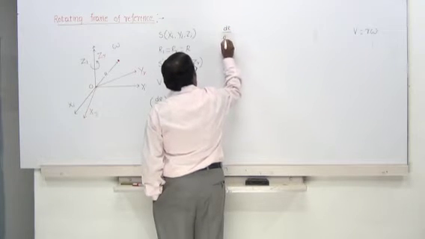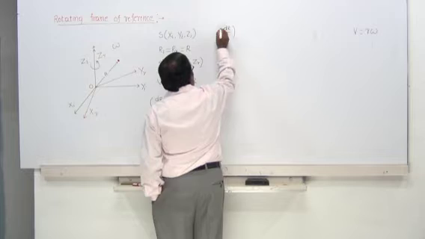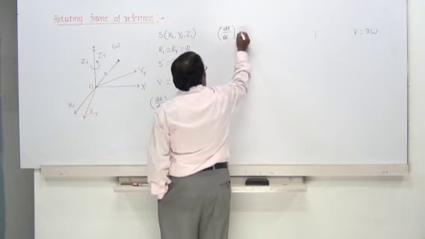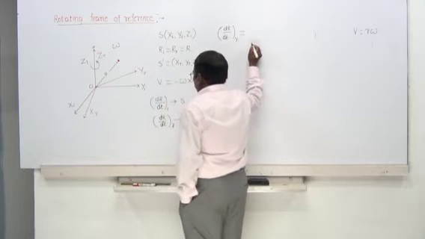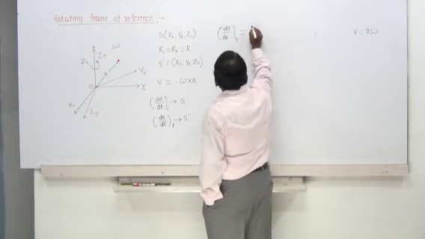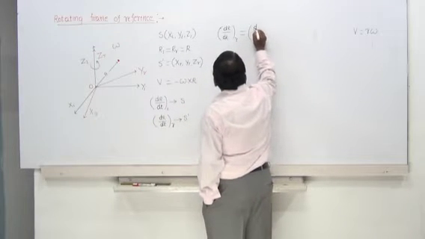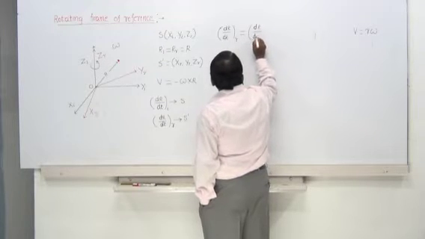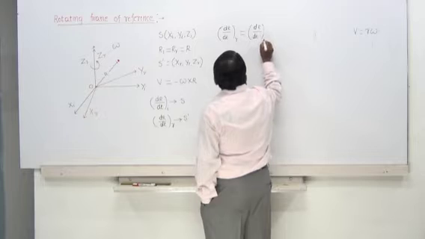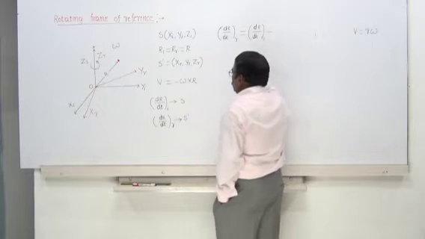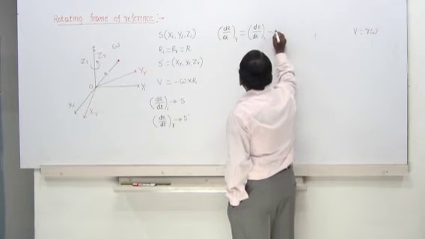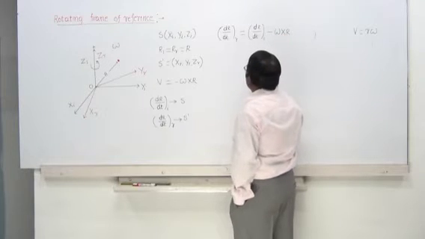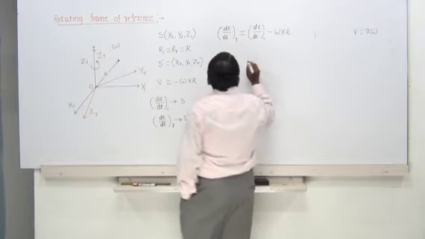dr upon dt is equal to, this is dr upon dt in the I frame, minus omega into r. What is this?